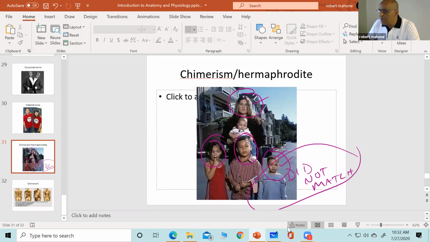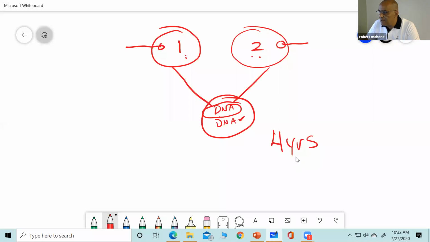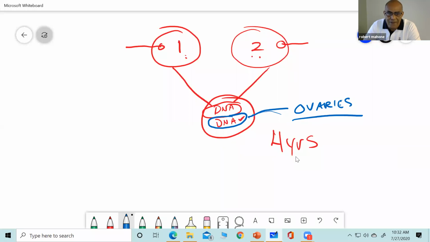Well, it turns out that in Lydia, the second DNA right here is only in one tissue of her entire body, and that is her ovaries. So this is Lydia.